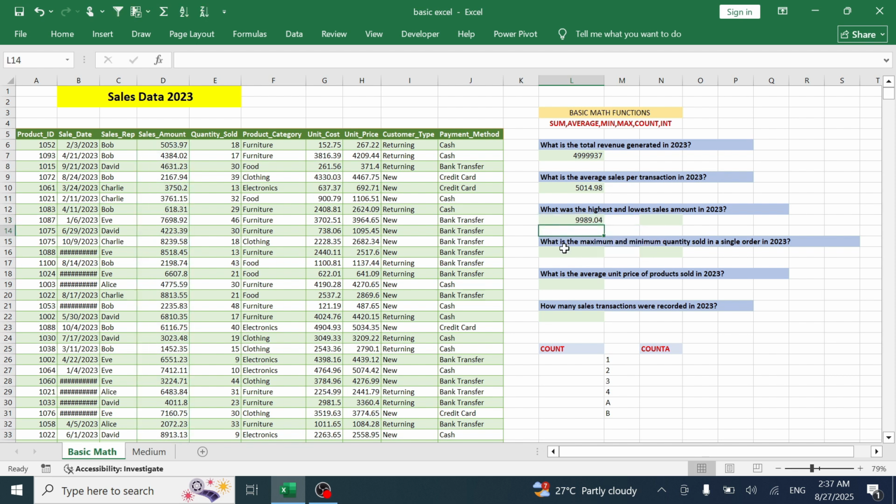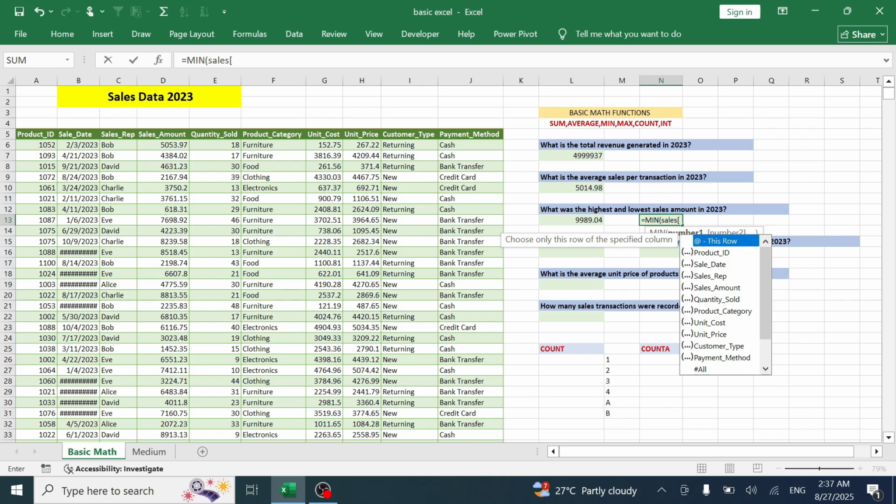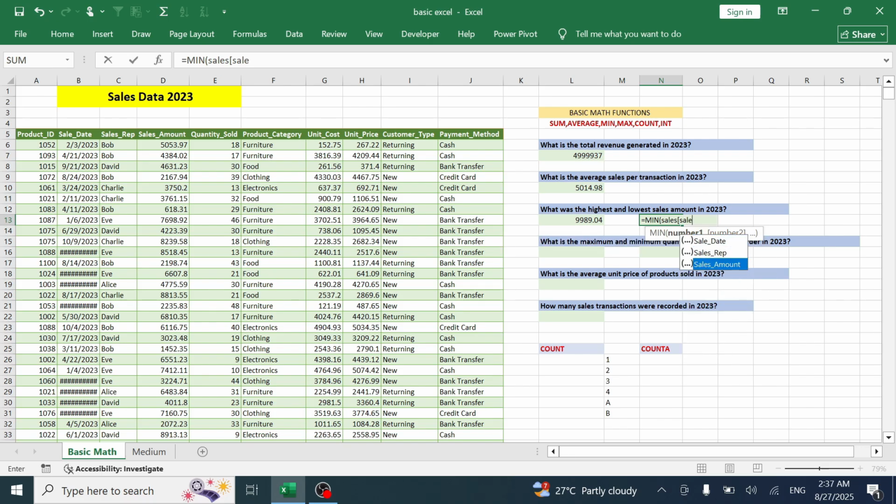The maximum sale is 9,900 approx. For min, we need to use the min function, and again we give the sales table's sales amount column, close the bracket. The minimum sale amount is 100.